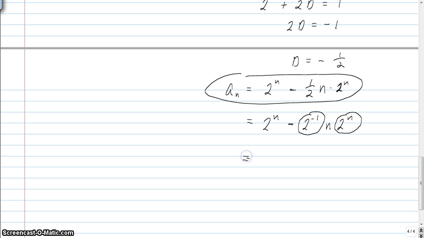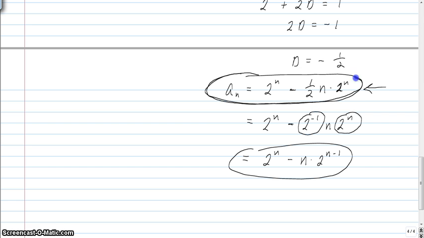So we could write that as 2 to the n minus n times 2 to the n minus 1. We could do that, and that would be fine, but I think once you find the constants, you can write your answer with those constants, and that's perfectly fine. So this would be perfectly acceptable.